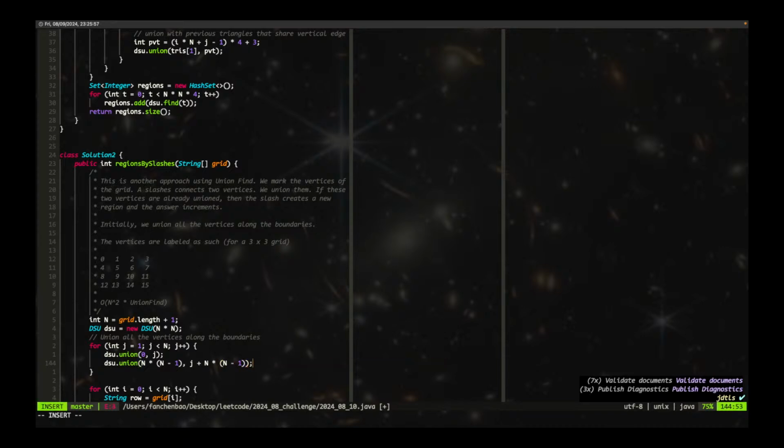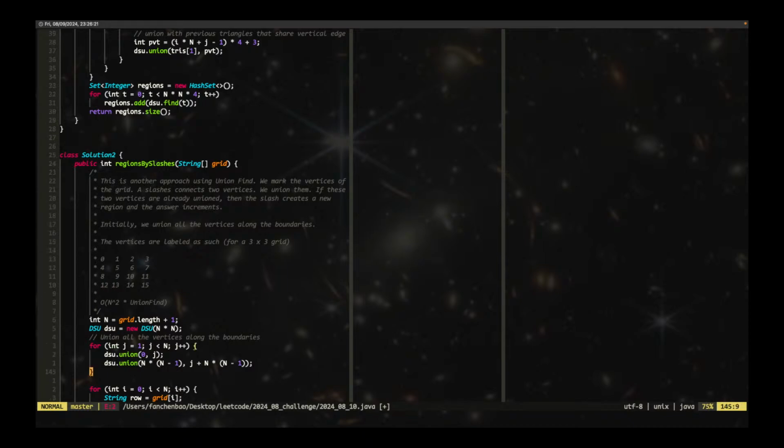Right? This is all the vertices along the boundaries. 0, and then we do 1 to 3. This is basically 3 times 4, because 4 minus 1 is 3, so 12. Then we do 12 plus 1.